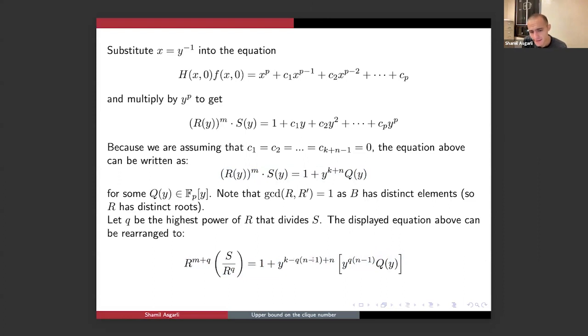And here minus Q times n minus 1 and Q times n minus 1 cancel. So you, of course, get this. This makes sense because Q is the highest power of R that divides S, so S is divisible by R to the Q. So this is a legitimate polynomial right here in parentheses. This is not just a rational function. This is actually a polynomial.